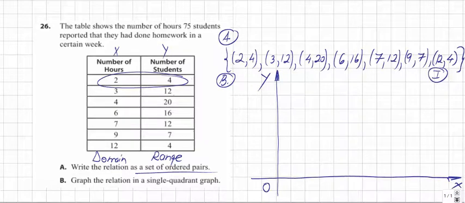Now check your inputs. The highest number here will be 12, right? Half of that will be 6. How many squares do we have? 1, 2, 3, 4, 5. You know what? How about putting 12 here?